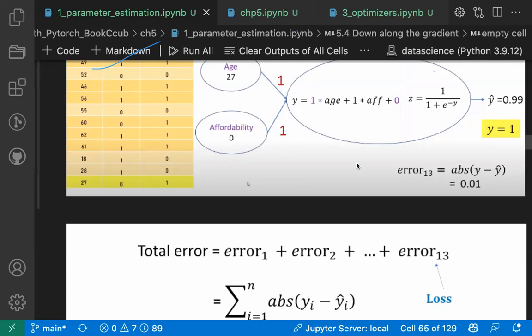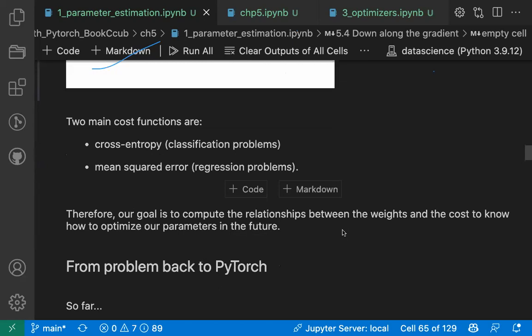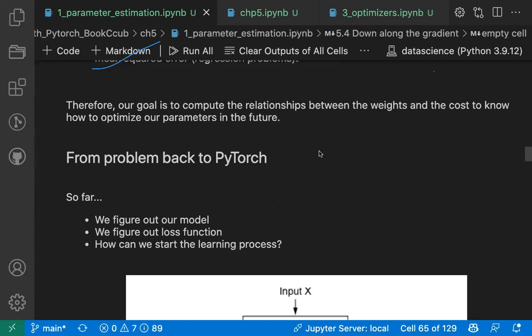For the sigmoid, whatever number you give it, it will convert it. Z is equal to 1 over something, and since you have 1 over something, whatever you get is not going to be more than 1. That's the sigmoid, but it depends on the activation function you are using.